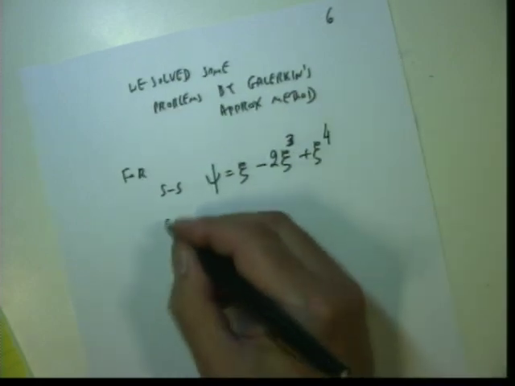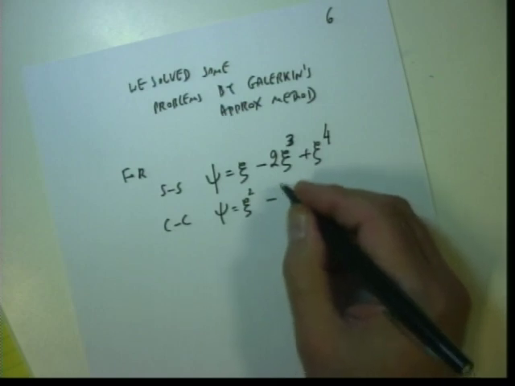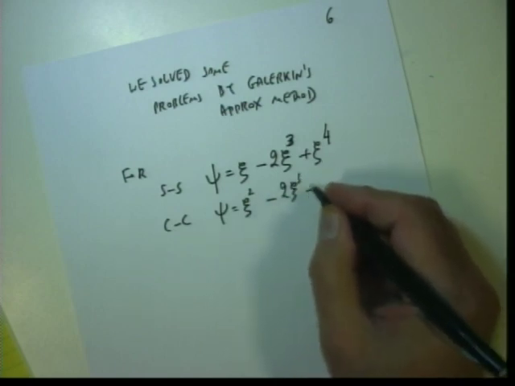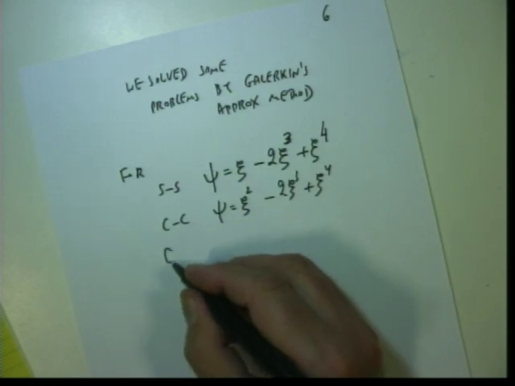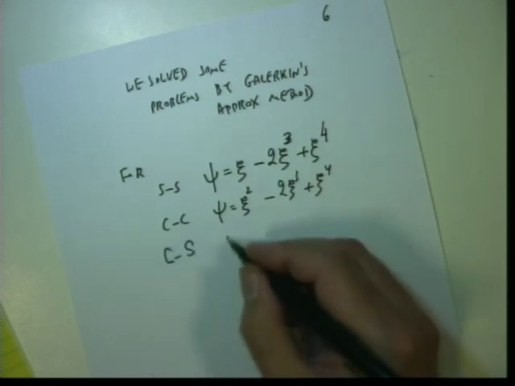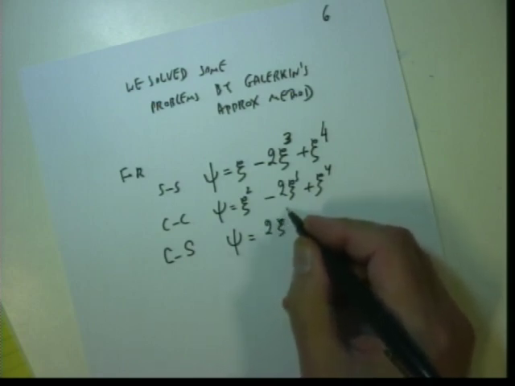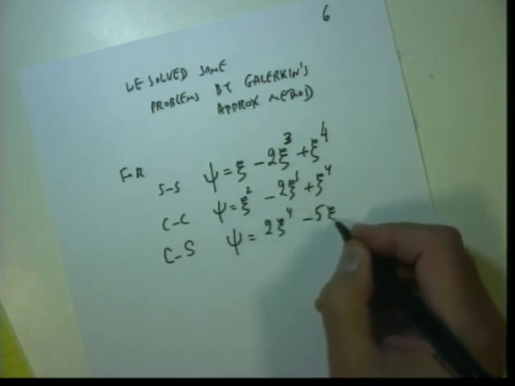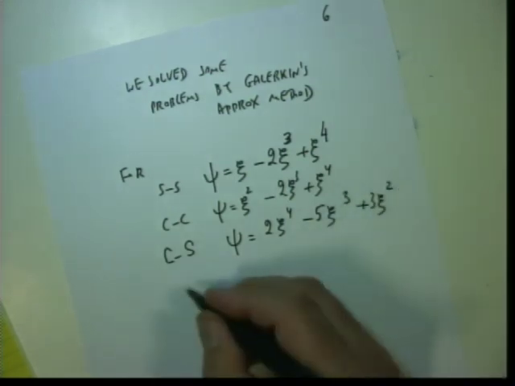For clamped, psi squared minus 2 psi cubed plus psi in fourth power. For clamped simply supported, psi equals 2 psi in fourth power minus 5 psi cubed plus 3 psi squared, etc.